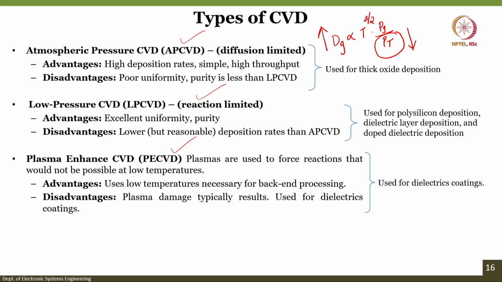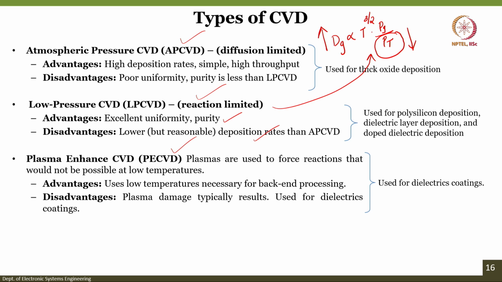So, in that case, the rate limiting step would be surface reaction. That is why in a low pressure CVD or LPCVD, we call it a reaction limited regime process, because diffusion is happening at a very high rate and surface reaction is the one that is happening at a low rate. So, LPCVD, where the pressure is maintained at a very low level, always operates in the reaction rate limited regime. The film formed will have excellent uniformity and purity, but compared to deposition at atmospheric pressure, the deposition rate would be a bit low.